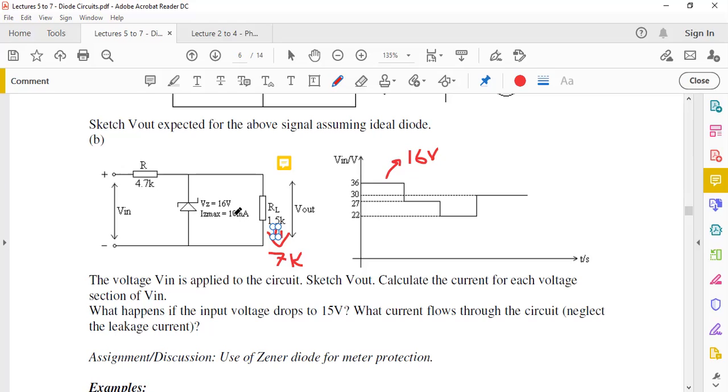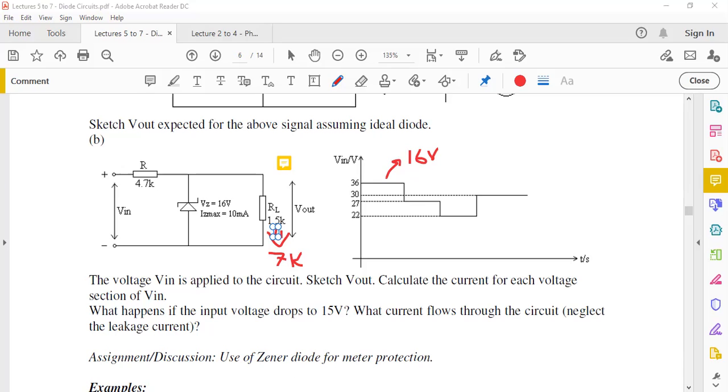If it was above 10 milliampere, then you would do a similar calculation like we did. So you calculate these two paths' current, and then check if the current flowing through this diode is 10 milliampere. In that case, we're getting around 4 milliamperes and no issue. Now, what if we maintain 7K here, and what if your VIN now drops to 27 volts?